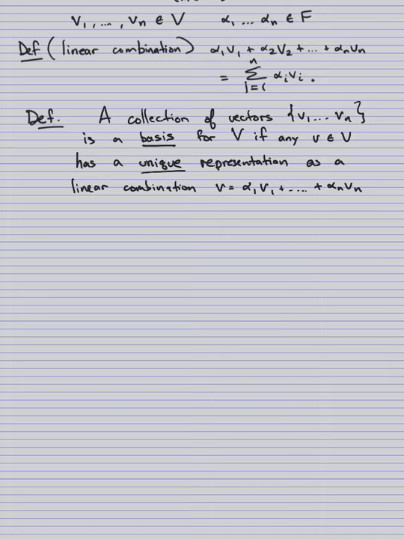Of course the vi are fixed, so these are the vectors that you're forced to use, and the scalars can be general elements of your field, for some alpha i. There are two statements here. The first is that you can write any vector as a linear combination of vectors in your basis, and the second is that there's only one way to do it.